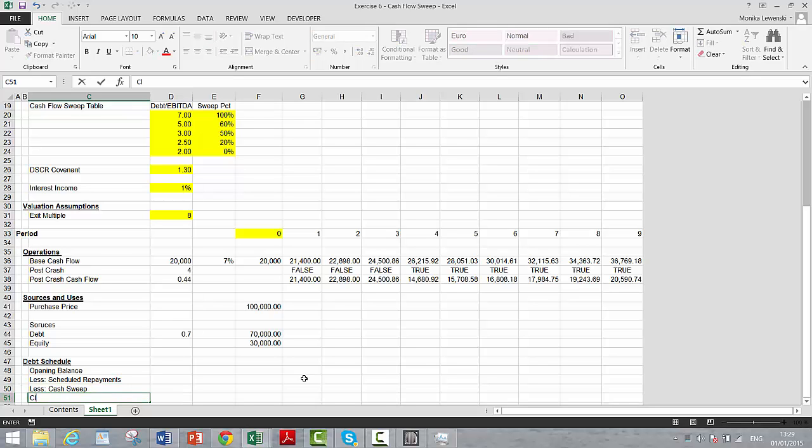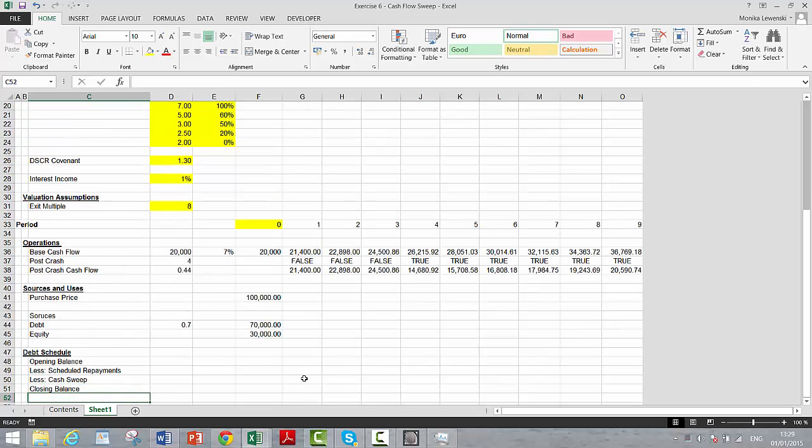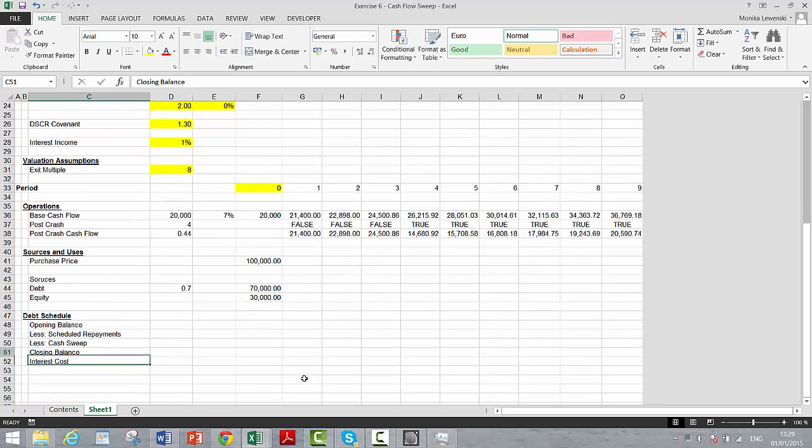And let's get a closing balance. Then let's put our interest cost. Okay, and then why don't we do the same thing? It's not worth doing. Well, I'll copy the opening balance at least.